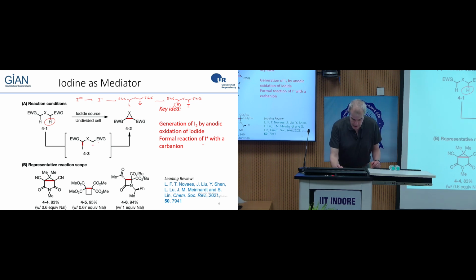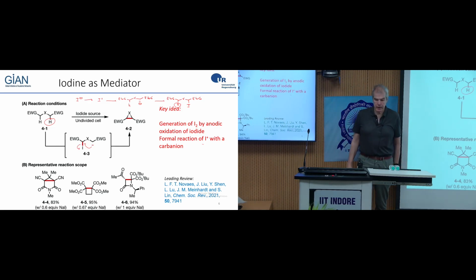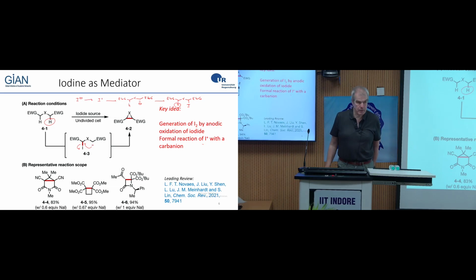But then once you have the iodide here, if you do then the deprotonation again, you can see what can happen: you can eliminate now in the 1,3 elimination the iodide and form cyclic systems. And you see here, you can form cyclopropanes, you can also form cyclobutanes. It all depends how your tether is being chosen.